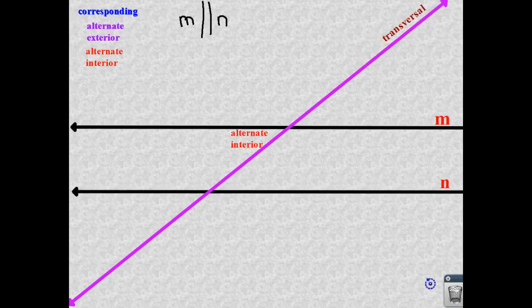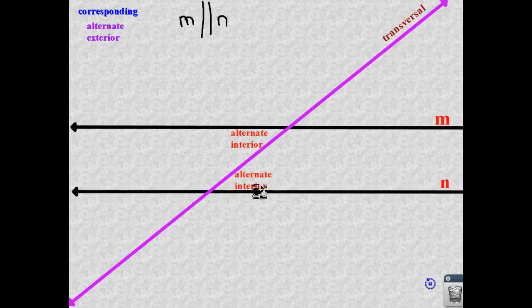Okay, sorry about that. We had to pause the video there. So I think where we left off was the interior portion of our parallel lines. And if I were to alternate, we're going on opposite sides of the transversal. So here's the interior, and the alternating side would be my two acute angles.